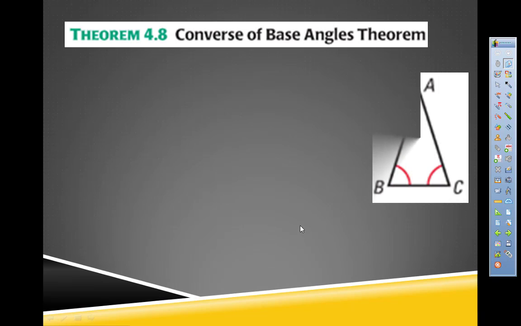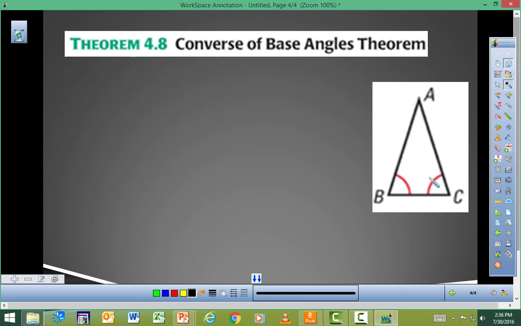It turns out the converse starts out this way: if you have the base angles congruent, then the sides opposite them are congruent. And that's the converse.